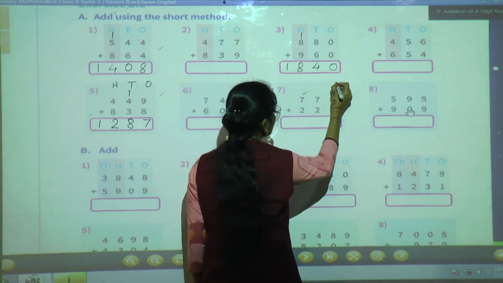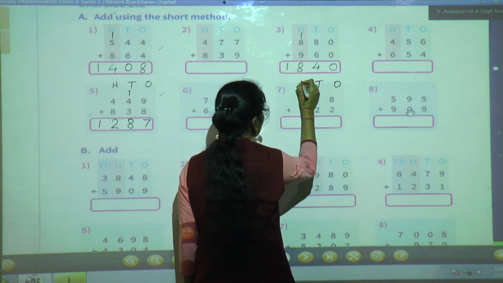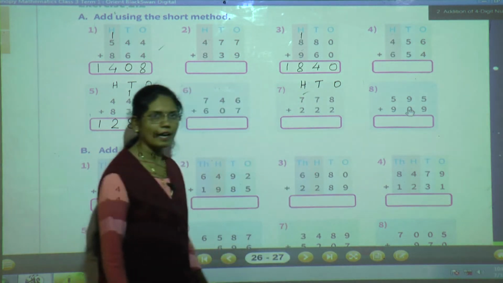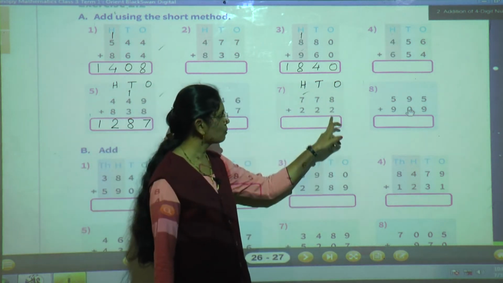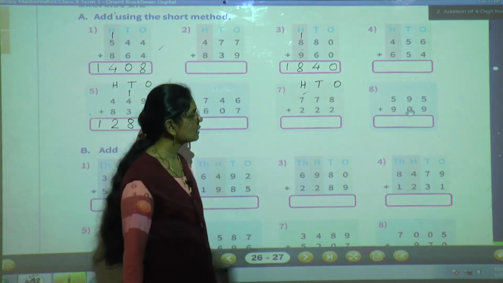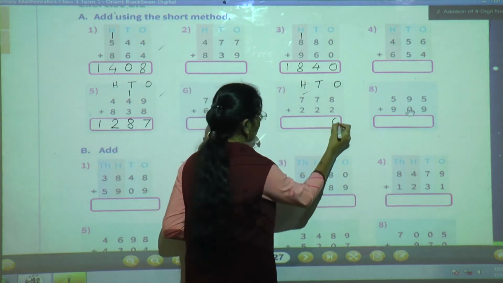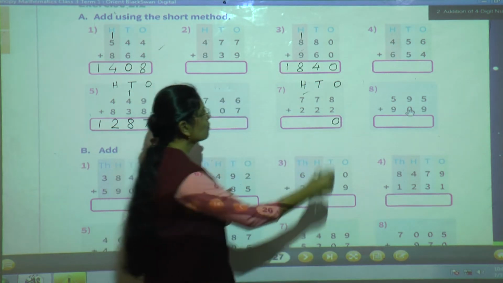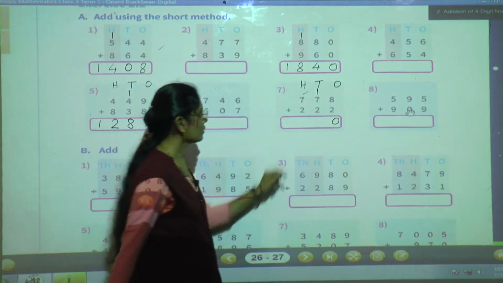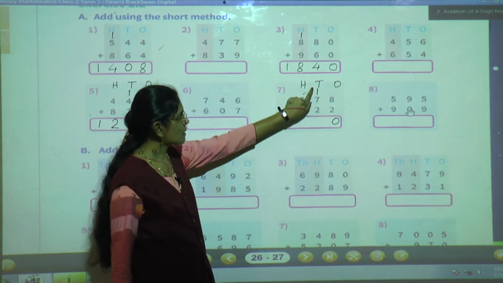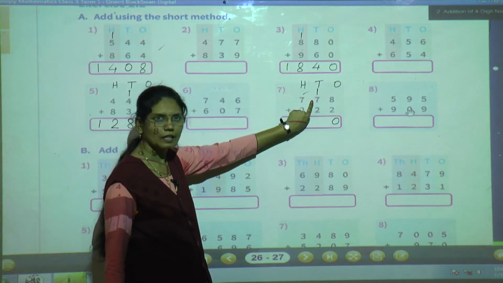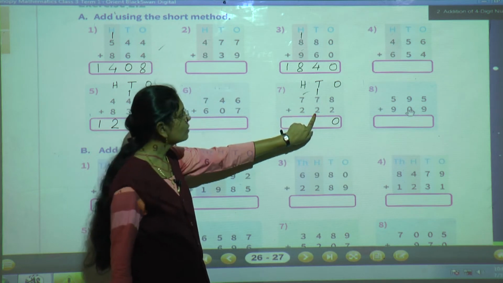See here, first of all we will write their places O, T and H. Start from the ones place. 8 plus 2, yes, 8 plus 2, 10. So put here 0 and 1 we will give as a carry. Now see the tens place. 1 plus 7, 8 and 8 plus 2, 10.